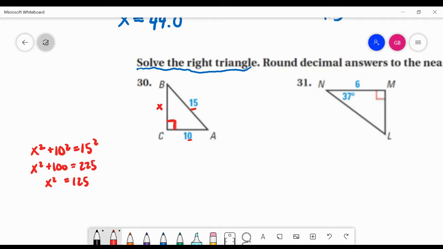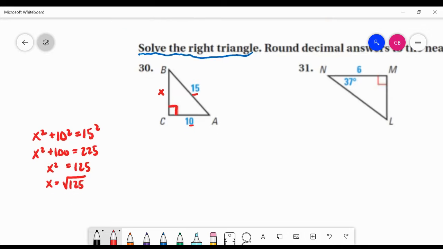And then you're going to find the square root of 125. So x is equal to the square root of 125. Okay? It doesn't have a perfect square root, but you could simplify it because 125 is 25 times 5, so it's actually 5 root 5. Okay? So x is equal to 5 root 5.